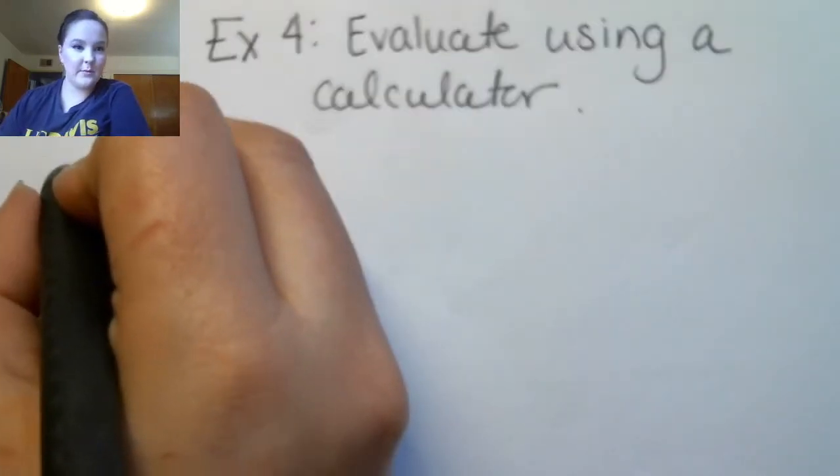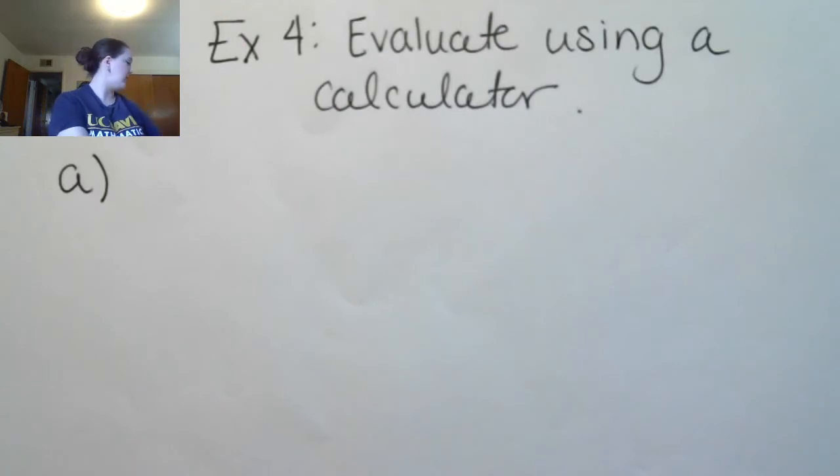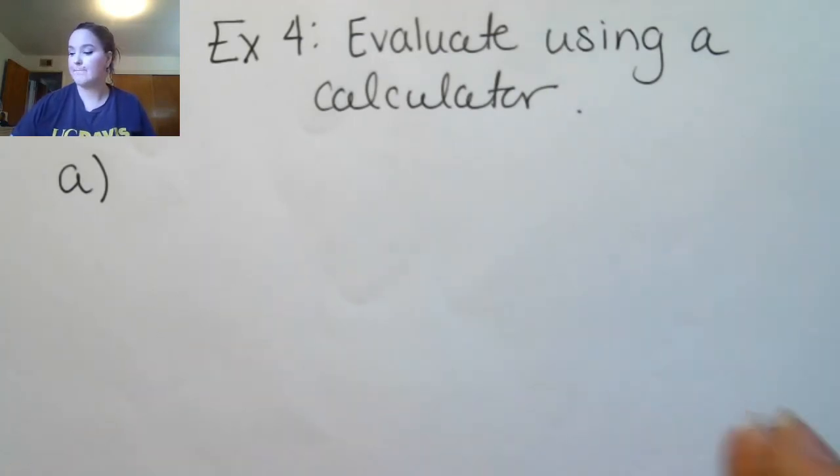Okay, so we'll do one together so that you guys can see the calculator and how it's supposed to work. Ooh, if I had a calculator, that would be better. And then you guys can try one to make sure you know how to do it.